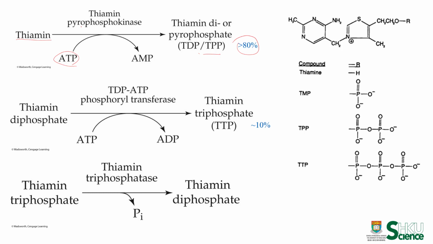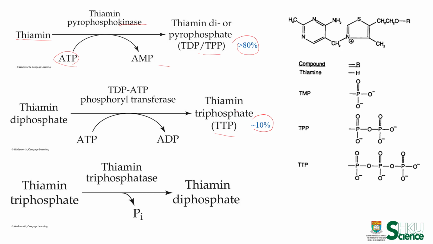The enzyme name is very simple to remember. Kinase is something that adds phosphate to molecules, and the product is called thiamine pyrophosphate. So it's thiamine pyrophosphokinase. So simple.